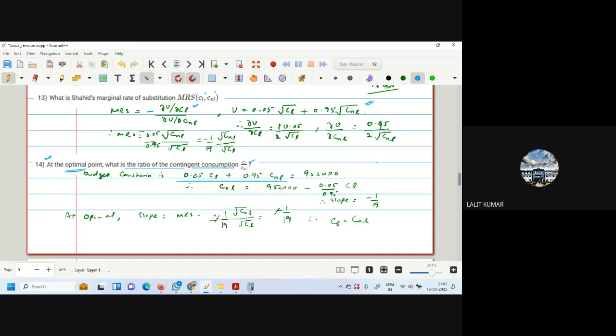From here, if you take the slope, it is minus 0.05 to 0.95. Now this slope has to be same as what we have calculated here, the MRS. So when we take MRS is equal to slope, we get minus 1 by 19 crosses, and we get CL is equal to CNL. Is this okay, Suraj?